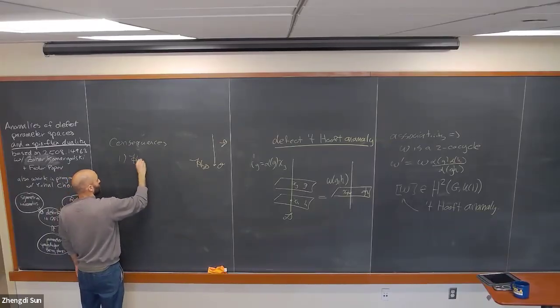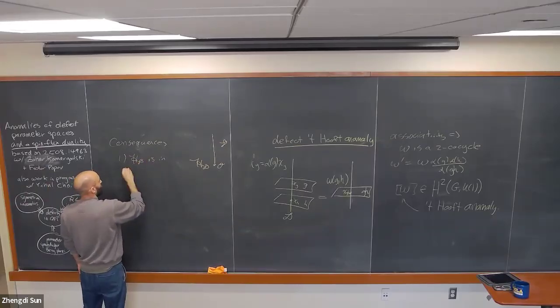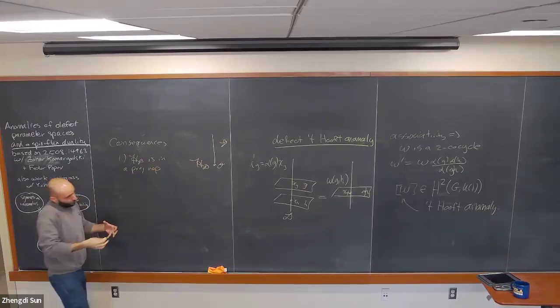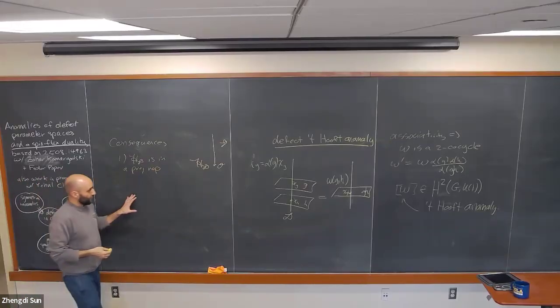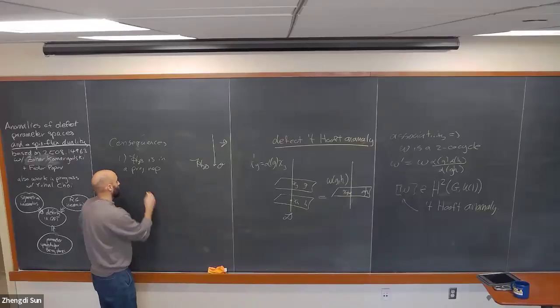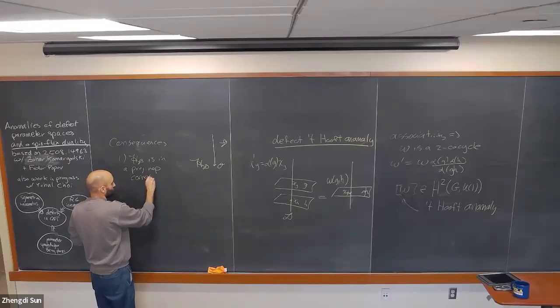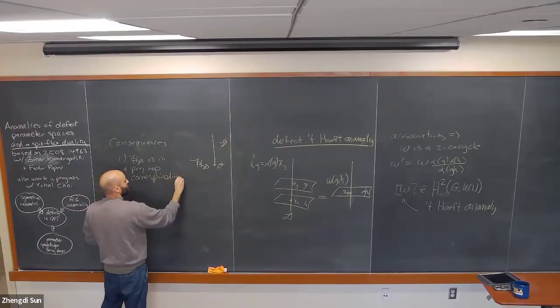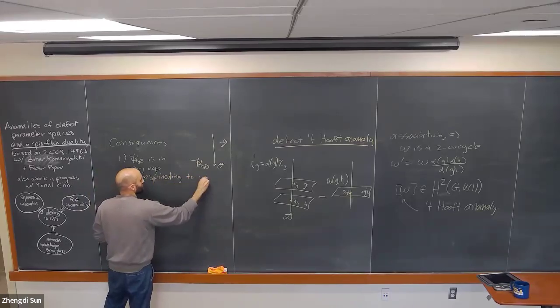So H_D is in a projective representation. The different flavors of projective representations of a group G are precisely labeled by 2-cocycles, and that 2-cocycle labels what kind of projective representation you get, corresponding to omega.